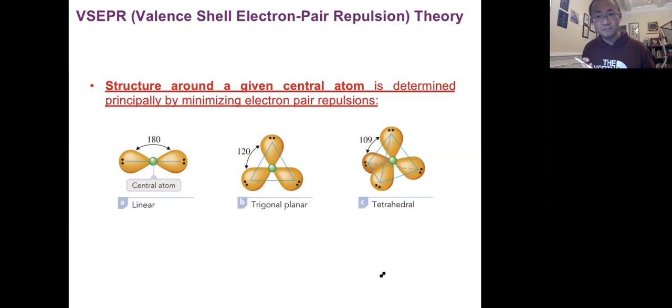Now, before we start, let's summarize how we count the number of electron groups on the central atom. Again, guys, when we determine the geometry of a molecule, we only care about what? The central atom. The central atom will determine the geometry. Think about it. When you look at a flower, what determines the shape of a flower? The center of the flower. The petals depend on the center.